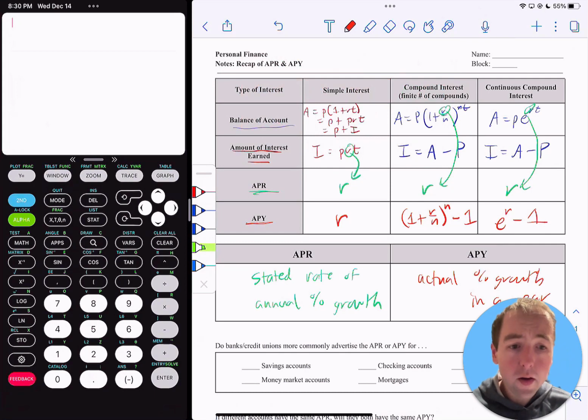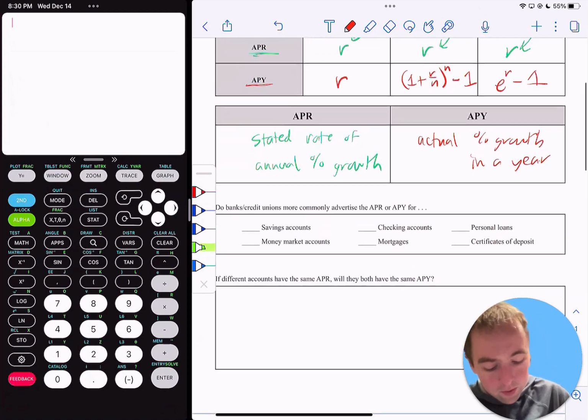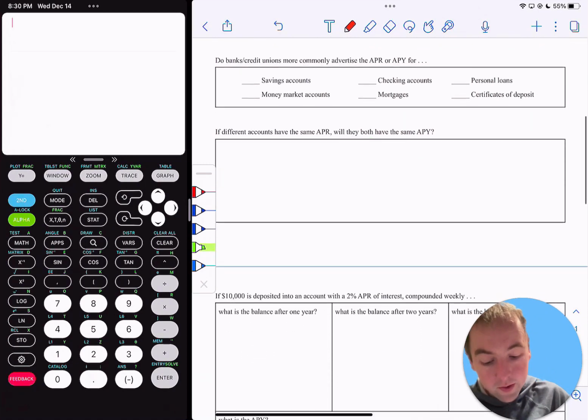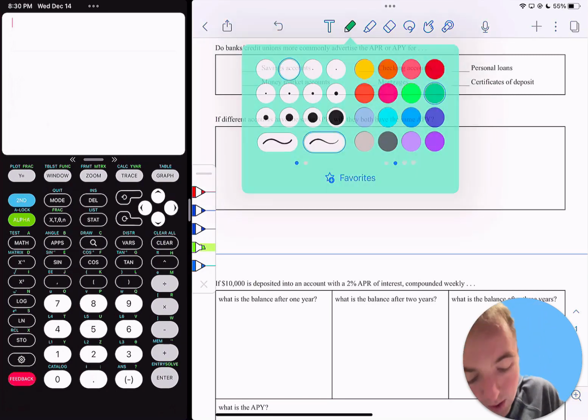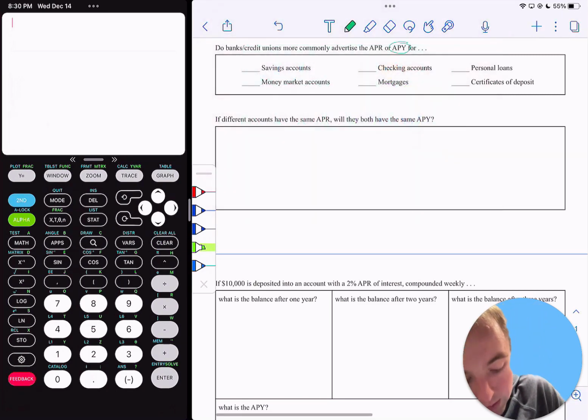All right, so we'll deal with some calculation sorts of things in just a little bit. So just scrolling down, what you see at the top right there is: do banks or credit unions more commonly advertise the APR or the APY for each of the following things? So the APY is usually either equal or higher, and the APR is usually lower or equal.